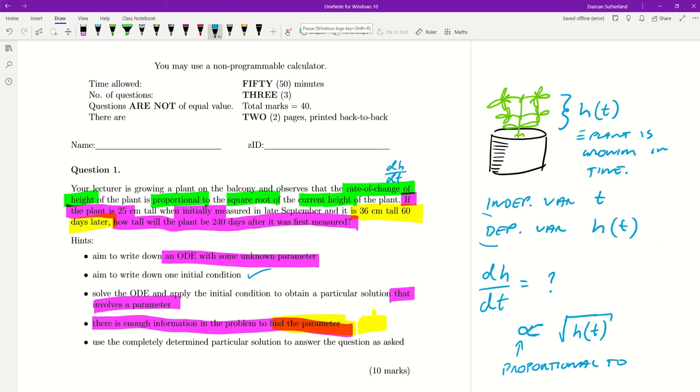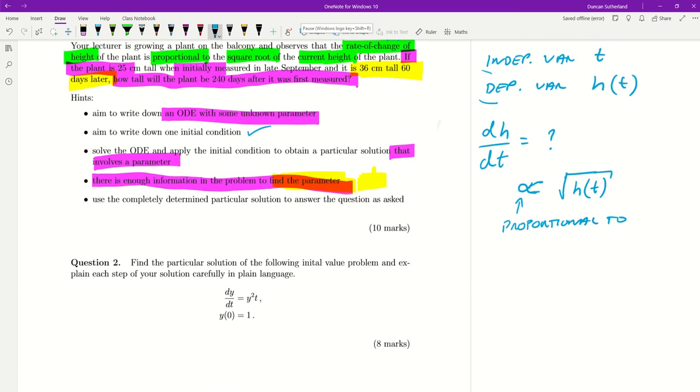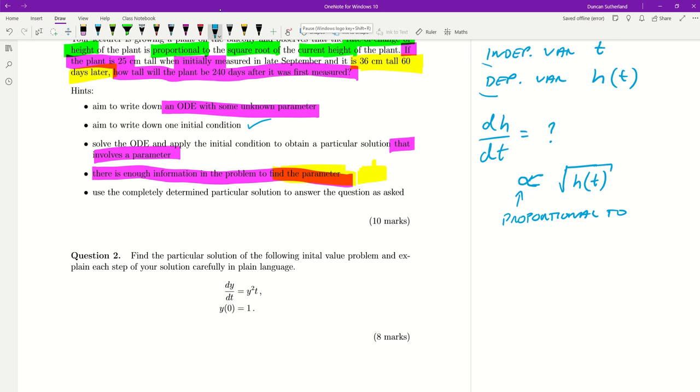Okay, when we say that it's proportional to, what that really means is dh dt equals some constant times this. Whenever you see A is proportional to B, that means A equals K times B. That's what proportional to means.